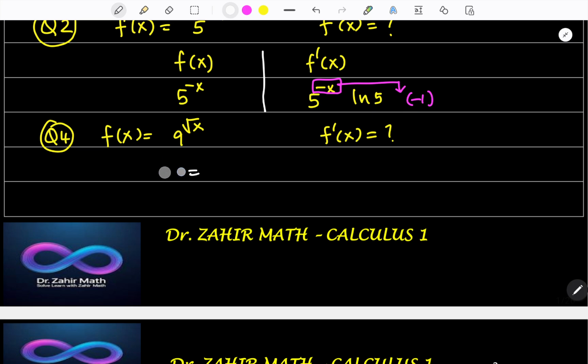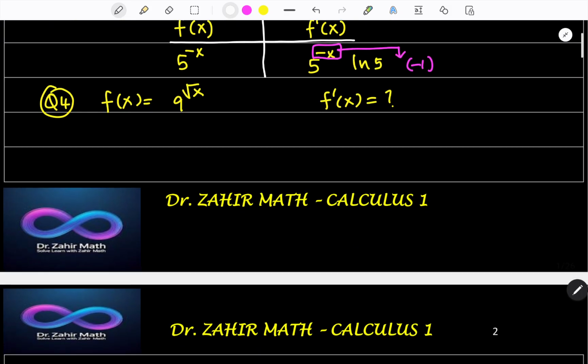Let me start here. I'll make it as a table model, f of x here, f dash of x here. I just need a table, this is enough. Let me write f of x equals and f dash of x equals. What is your f of x? 9 to the power of square root of x.